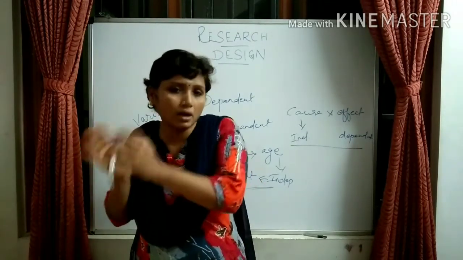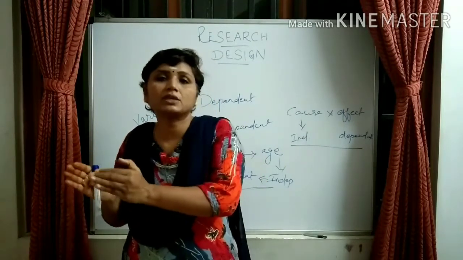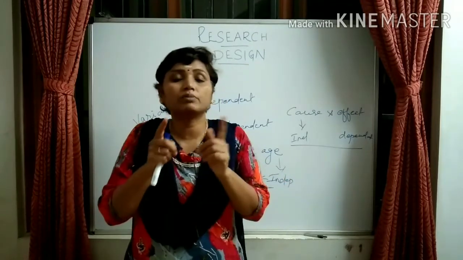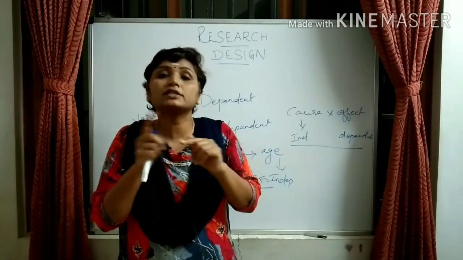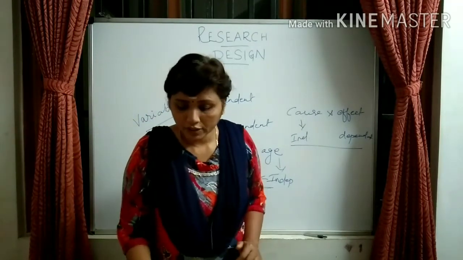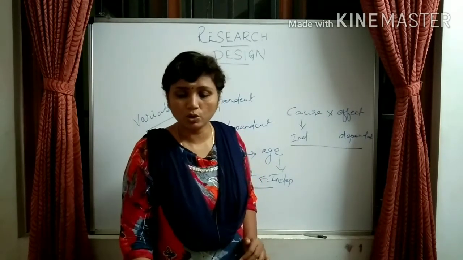That is called the control. If the control group is present, only then can we compare with the experiment and see what effect is taking place. So it is the experimental and control group.